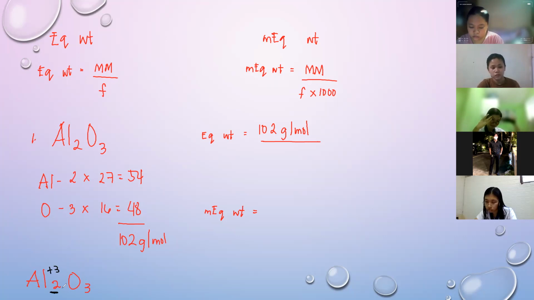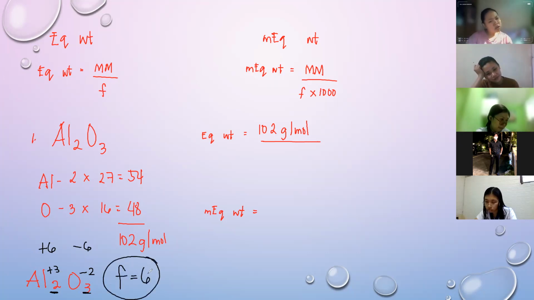So, positive 3 times 2, this is positive 6. Yan yung total niya. For oxygen, negative 2. Tama? Ilang atoms yan? 3. So, ang total niya, negative 2 times 3, negative 6. So, ano dapat ang F? 6. Okay. The F class is 6.